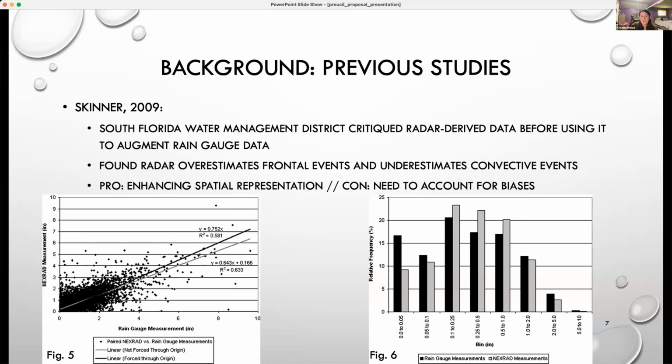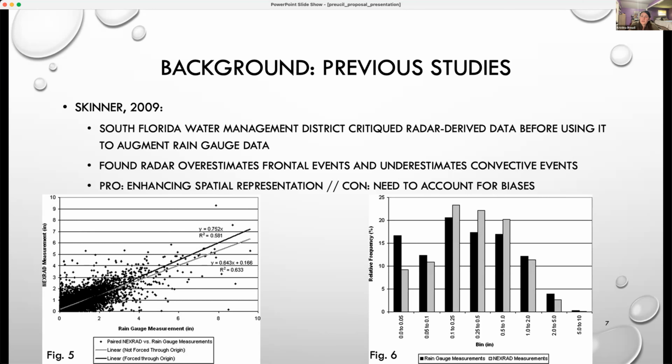An example is that they underestimated convective events like thunderstorms, which in Florida you get a lot of. They decided that if they did merge these methods, they could have a pro of increasing their spatial representation of data, but they had to do more work to quantify these biases before the merger could happen.